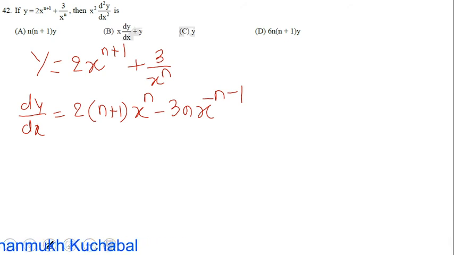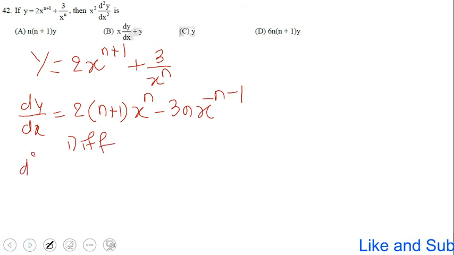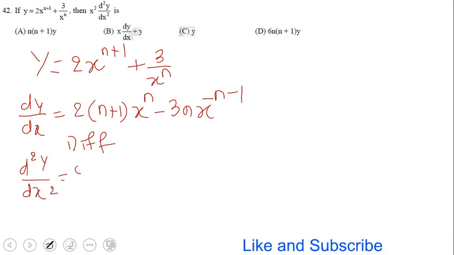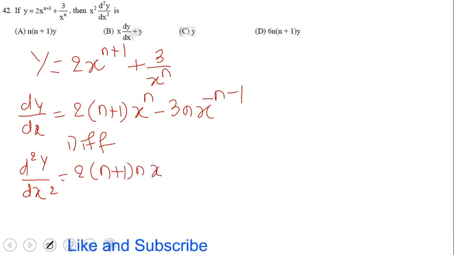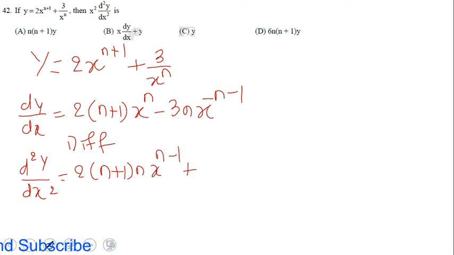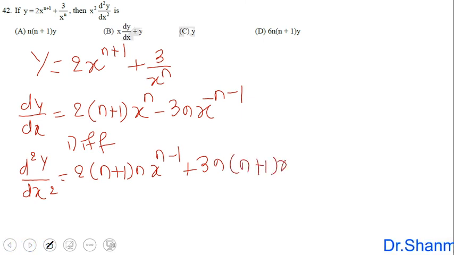So further d square y by dx square. Again we will differentiate this one. So dy by dx differentiation, I am going to get d square y by dx square. Then constant as it is, variable differentiation. So we get n x raised to n minus 1. Further next differentiation we get plus 3n into n plus 1 x raised to minus n minus 2.